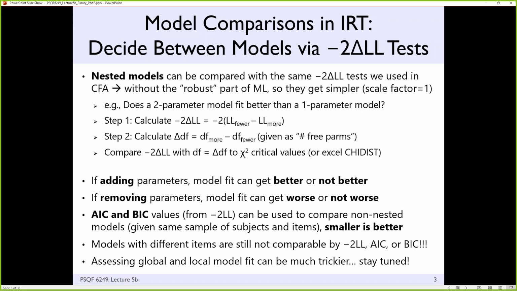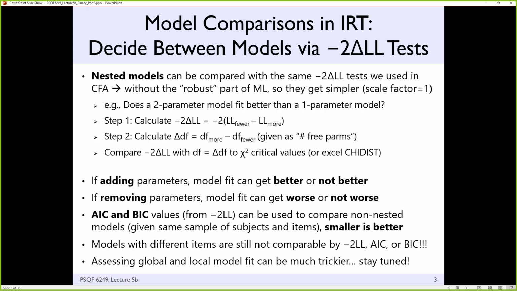My way of thinking about nested is if you can add or remove parameters to get from one model to the other, they're nested. If you have to add and remove at the same time, they're non-nested. So if I have a two-factor model and I'm not sure where one item goes, if I put it on factor 1 with the loading, that's model 1. Or I could put it on factor 2 with the loading, that's model 2.